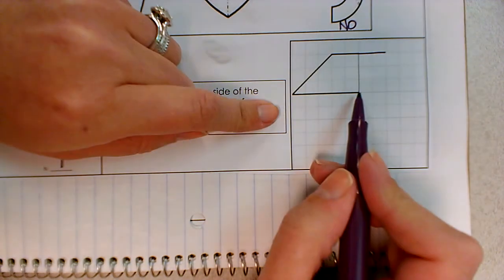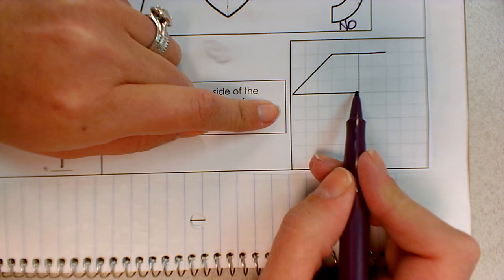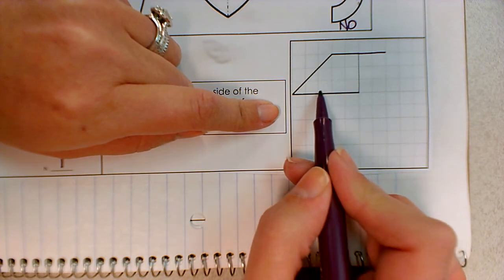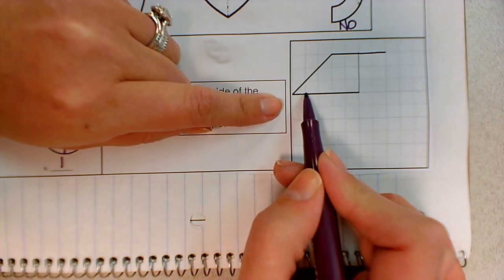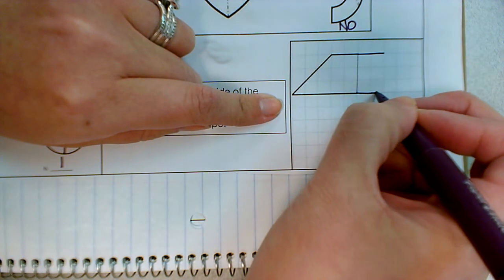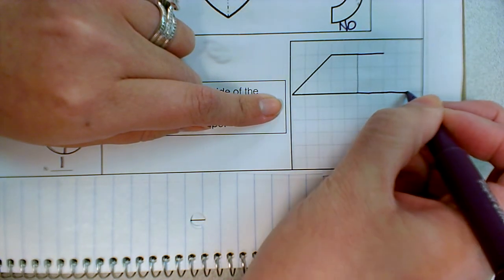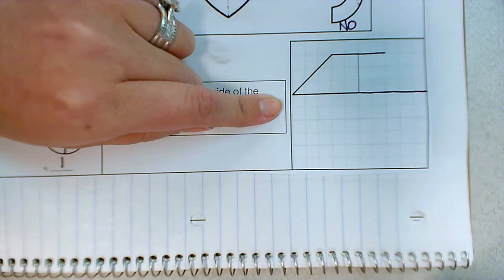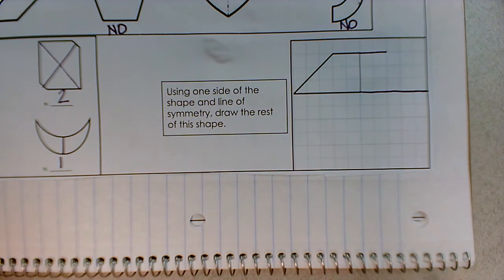Now I'm going to look at this bottom line, and I'm going to see how many squares I went. I went 1, 2, 3, 4 full squares, 5, all the way to your edge. Now I'm not done yet because it's still not symmetrical. I need to close it off.